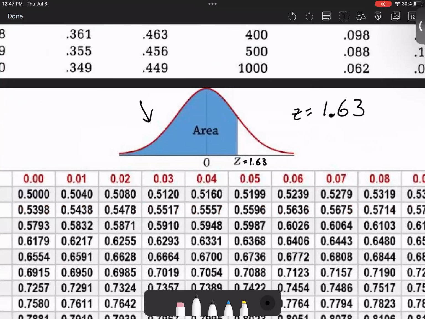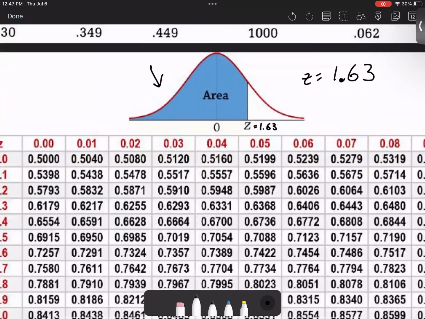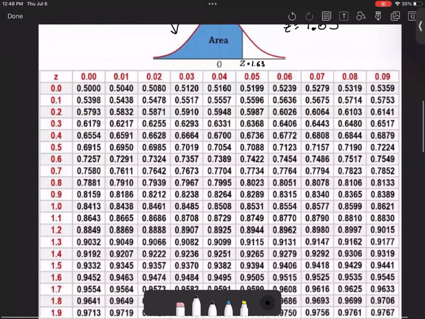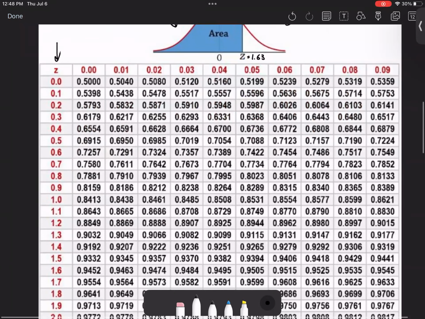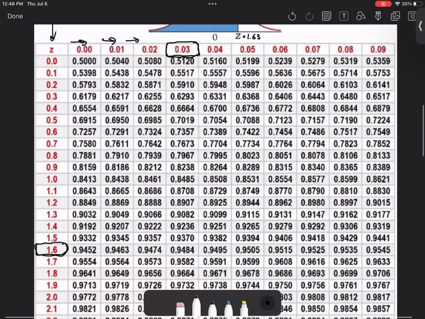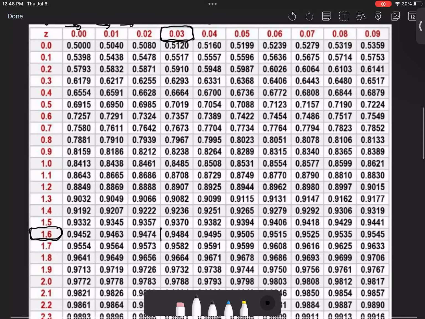We're looking for the z-score of 1.63. Let's go through our table. So in red are your z-scores. Go down until you find 1.6. And then you're going to go over until you find 1.63. So this box right here. So their intersection, that's the right z-score.